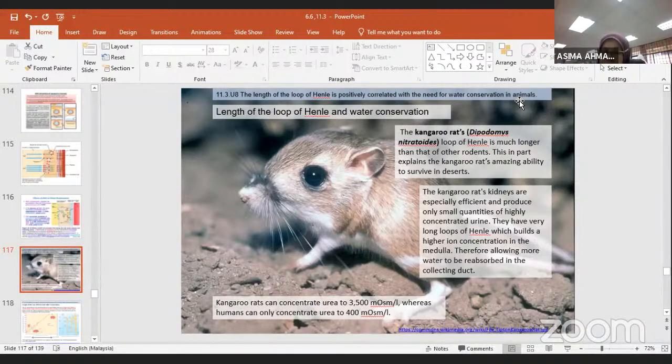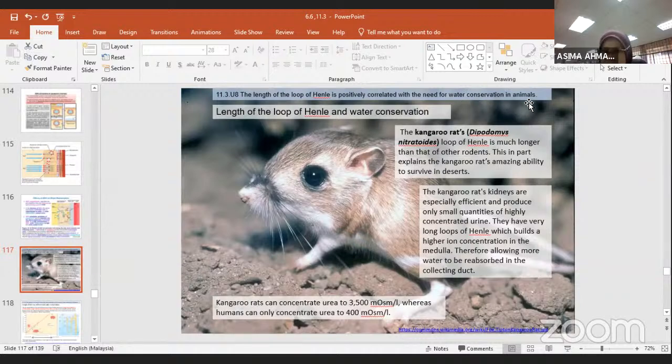Sebenarnya the longer the loop of Henle is, the more concentrated the medulla becomes, because the filtrate will pump out more salts, or sodium ions, into the medulla. So lagi panjang, lagi pekat.